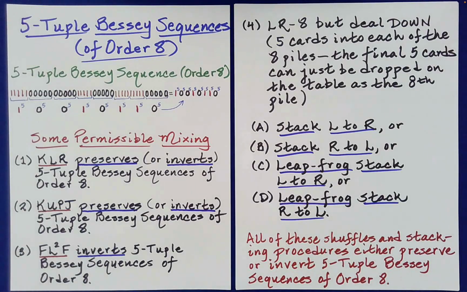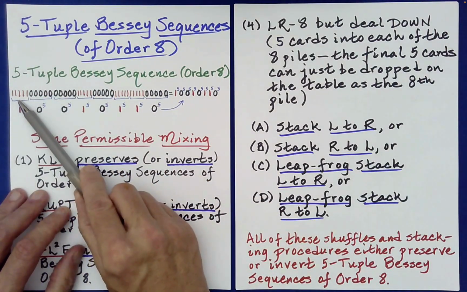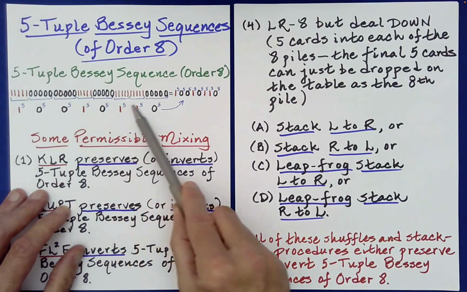Well, let's go ahead and quickly step through what we've done and perhaps why things worked out the way that they did. So I started with a 5-tuple Bessey sequence of order 8. Well, specifically, what does that actually mean? Over here, as you can see, I have the structure that I actually used.